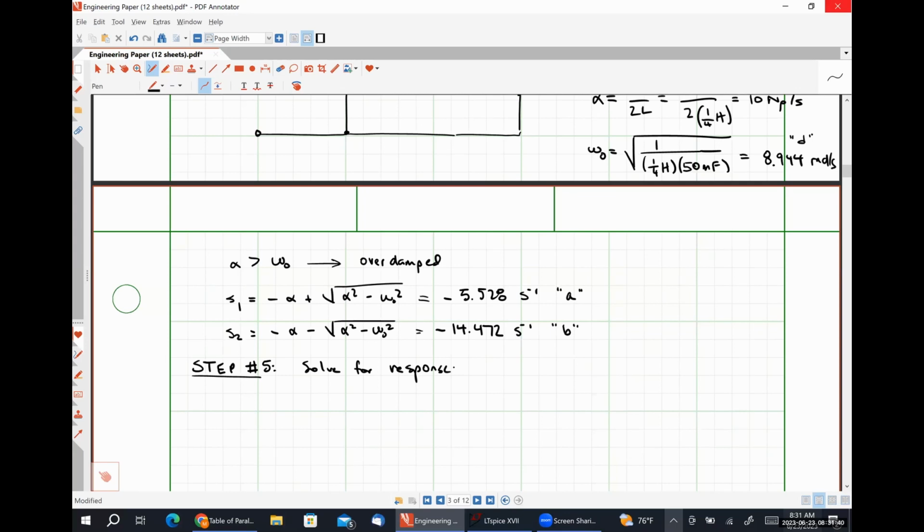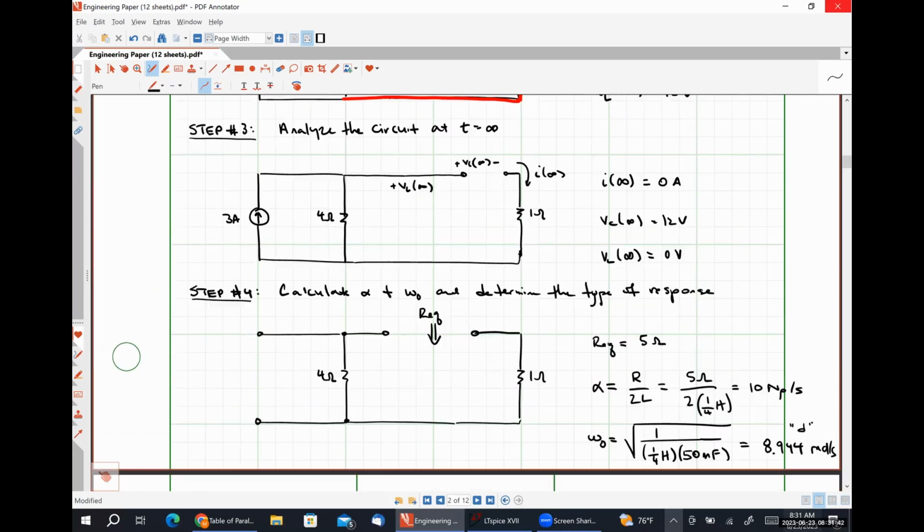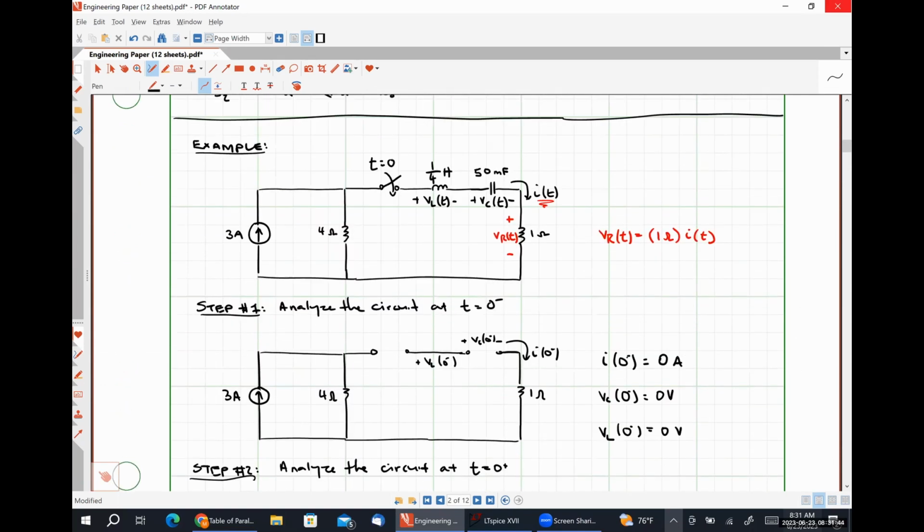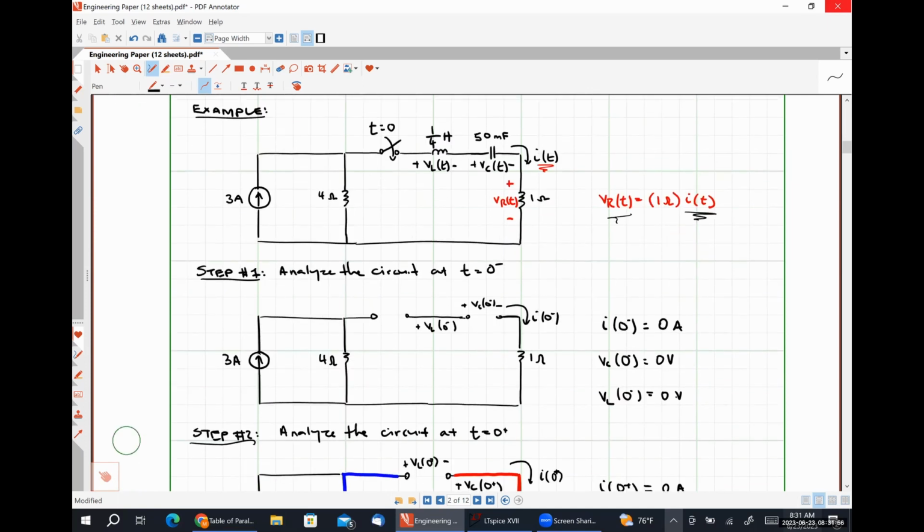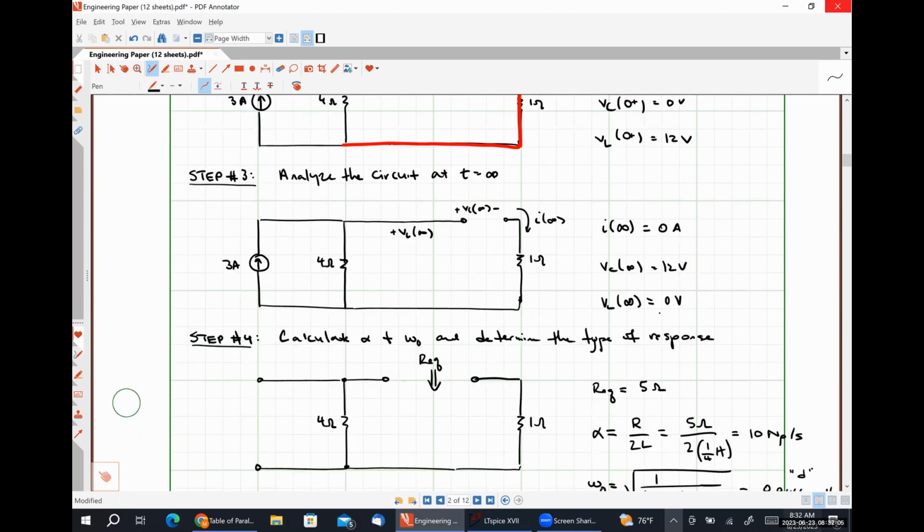So I had mentioned briefly earlier, and I'll scroll up here and show it to you, that we are relying on our ability to calculate our current I of t in order to determine our voltage VR of t, okay? So I of t is the same thing as my inductor current. So that's going to be my first relationship, right?